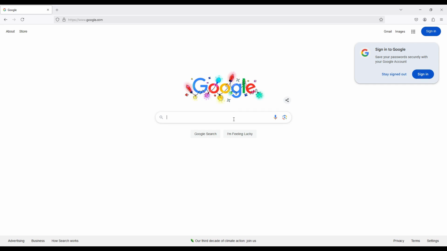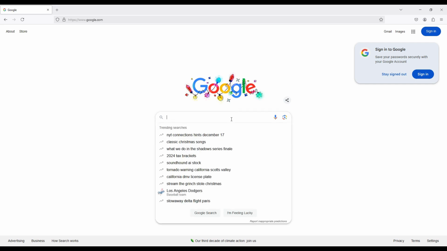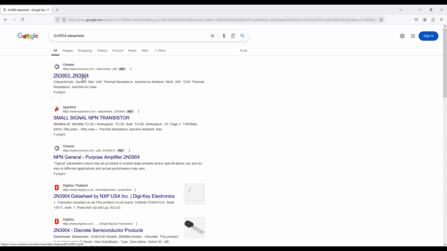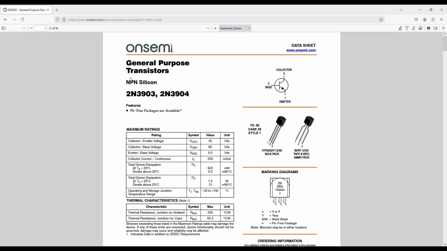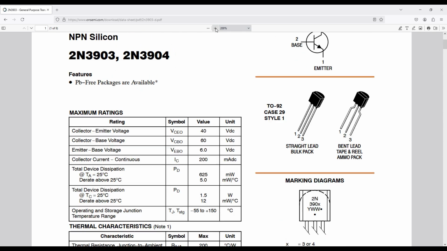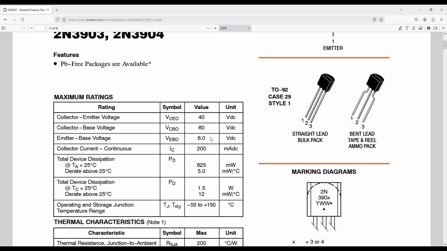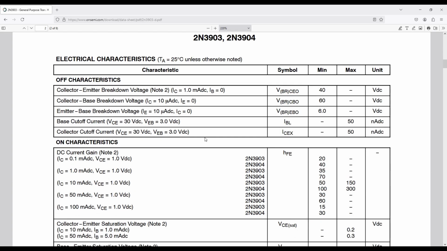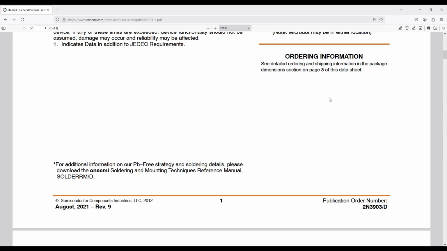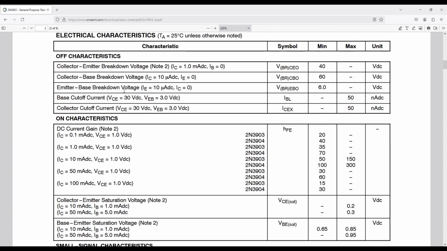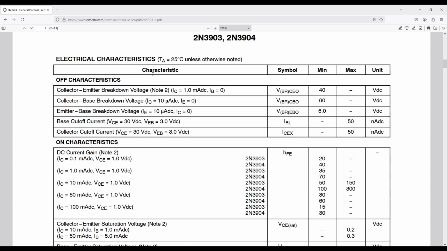All right, so I'm going to look up the transistor, which is the 2N3904, and the datasheet, I guess, is what we need. First one, I guess. I don't really know exactly what I'm looking for. What I'm hoping to find out is just what voltage I need to send into the base to ensure that it's activated. There's a lot of stuff here that I don't understand just off the bat.